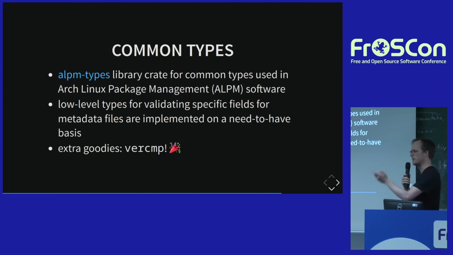That's what Pacman uses or defines. And this is basically low-level types for specifying all of these files and or the fields in those files, and figuring out how to add them on a need-to-have basis is really where this library comes in.